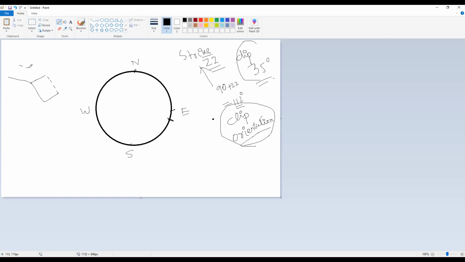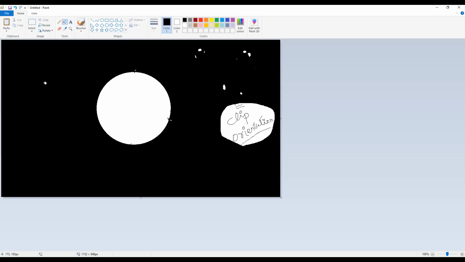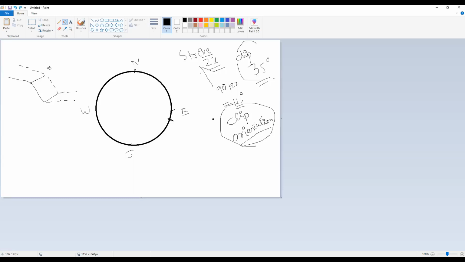You can understand? So the dip amount is this. This is alpha, the dip, correct?